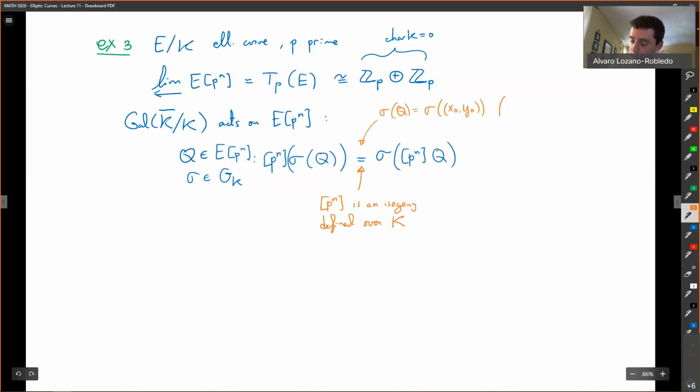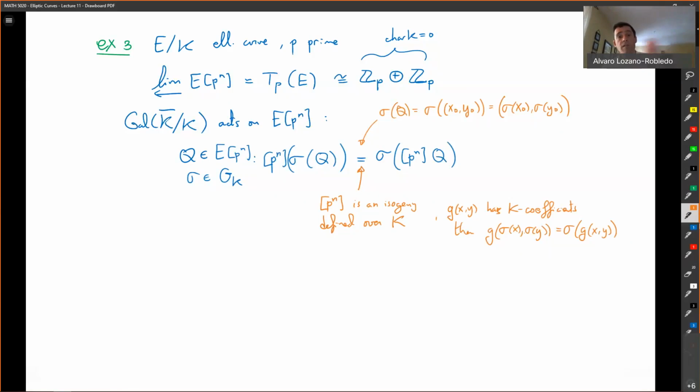That is sigma of x naught, sigma of y naught. Okay, and then when I apply a function, so if g of x, y has k coefficients, then g of sigma x, sigma y is the same as sigma applied to all of g of x, y, because the coefficients of g, which are in k, are fixed by sigma.